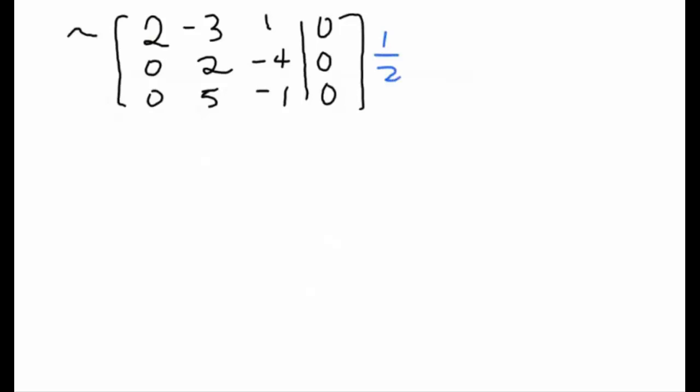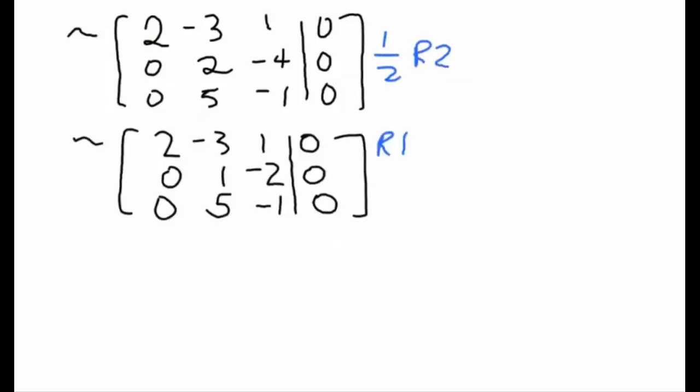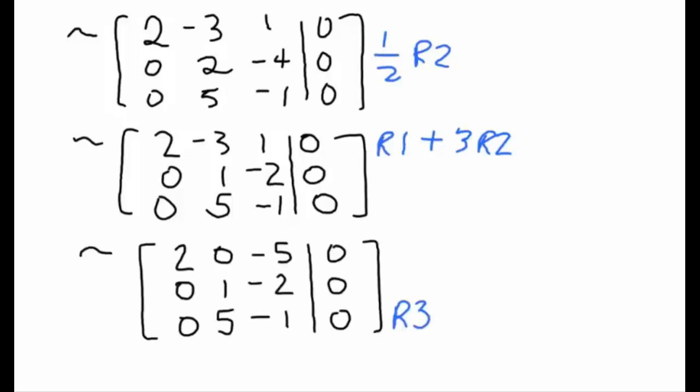Next, let's create a leading one by dividing row 2 by 2. If we perform the operation row 1 plus 3 row 2s, we'll create a 0 above our new leading one. And to create the 0 below our leading one, we'll do row 3 minus 5 row 2s.